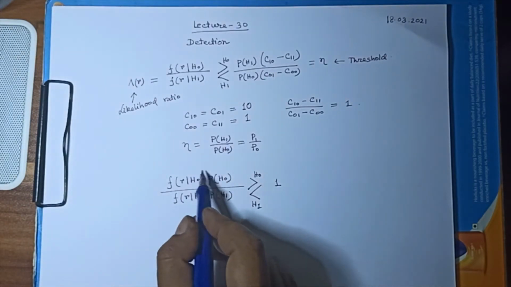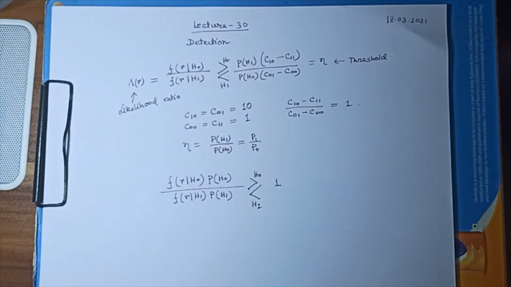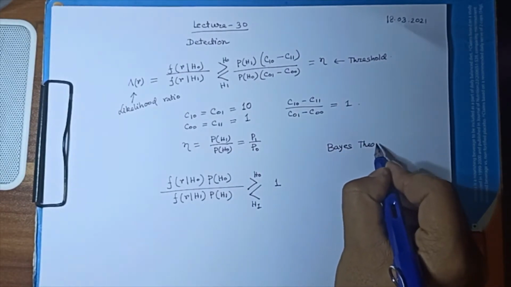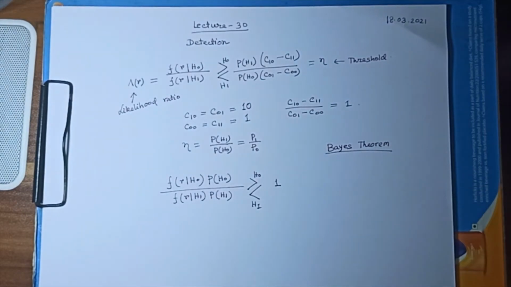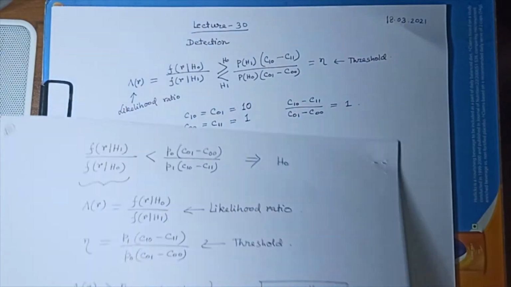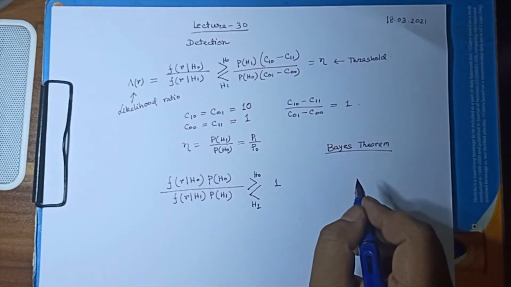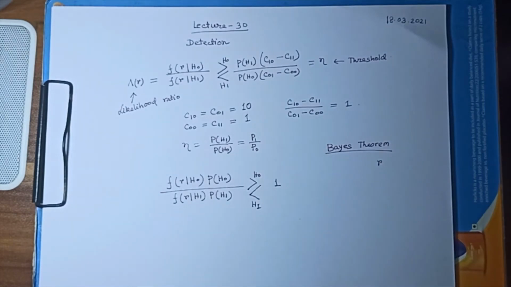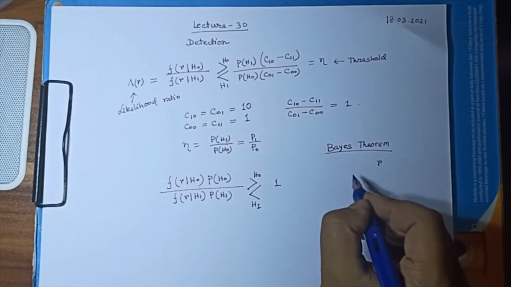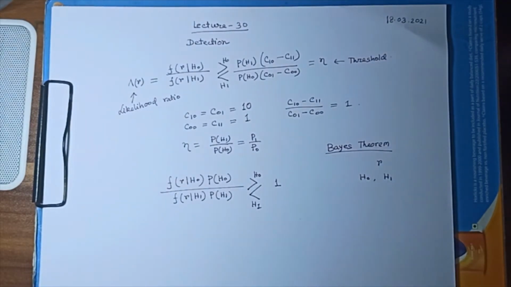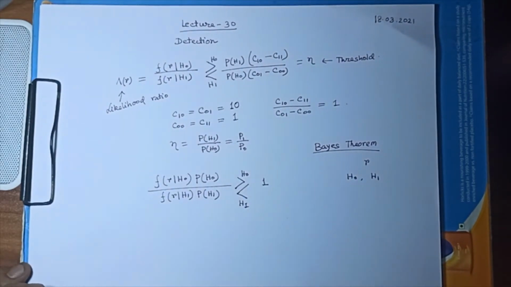Now what are these? So if you know Bayes theorem, I am bringing Bayes theorem now. You remember that in the last class I told that this detection is called the Bayesian approach. So why Bayesian approach? This thing will be obvious now. So Bayes theorem says that if you have some observation, that observation is R, and if you have some decision to make, so decisions are basically this H0 and H1, then you have to choose between the two posterior probabilities.